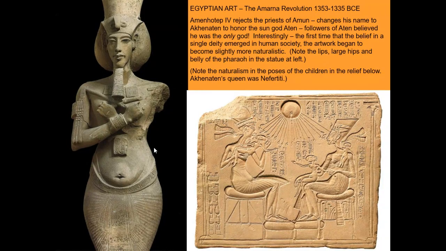The reason I think this is kind of fascinating is that this image of the pharaoh Amenhotep IV is really kind of a remarkable change in society and in art making during the reign of Amenhotep and his immediate successors.